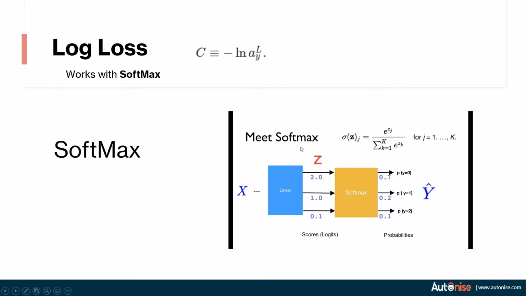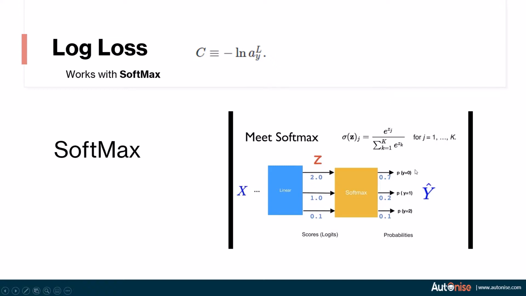Now how does it work with the log loss? After applying the softmax layer, let's say our target looks like this. It is 0 at the first output, 1 at the second output, and 0 again at the third output.